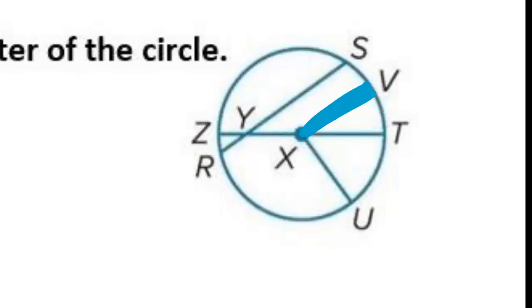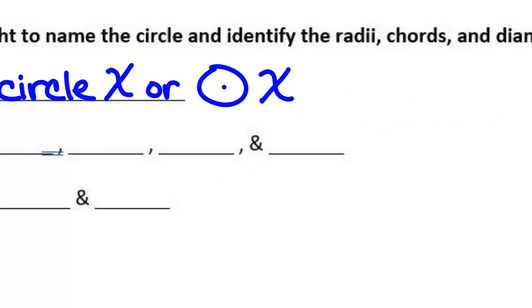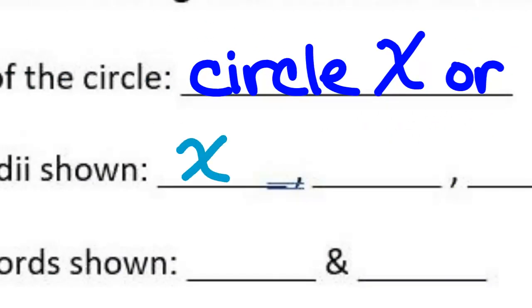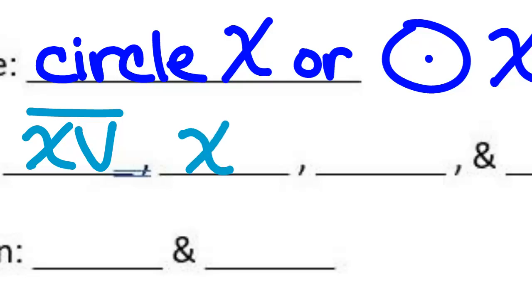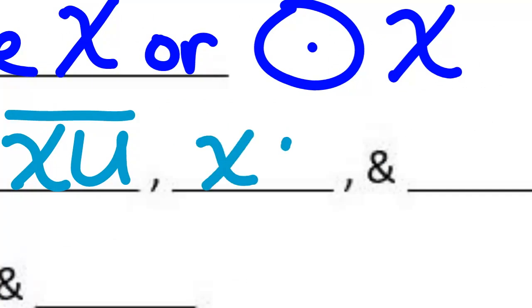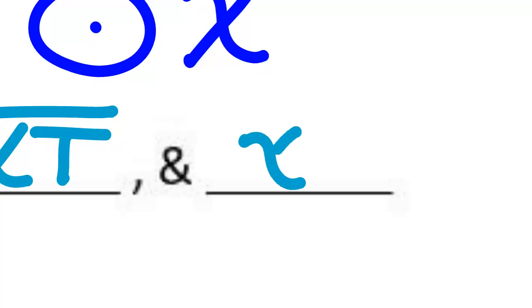That's absolutely correct. XV. Let's write that down. What else would be a radius? XU. What else goes from the center to the edge? XT. And what else? XZ, yes.